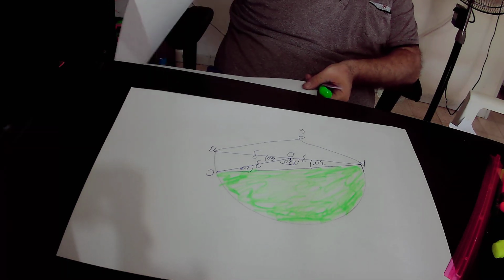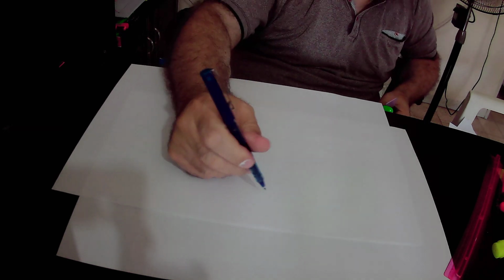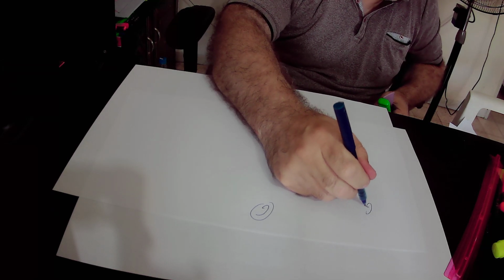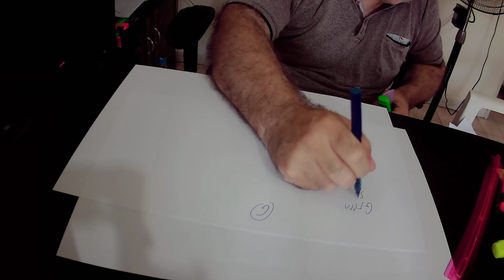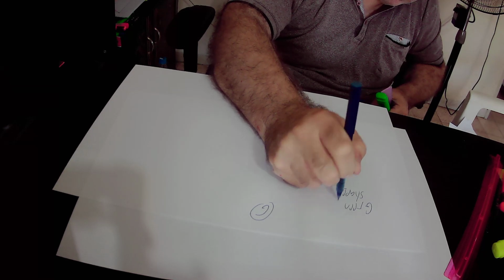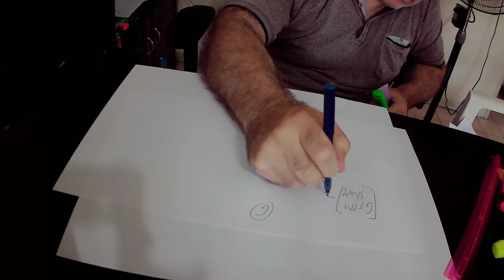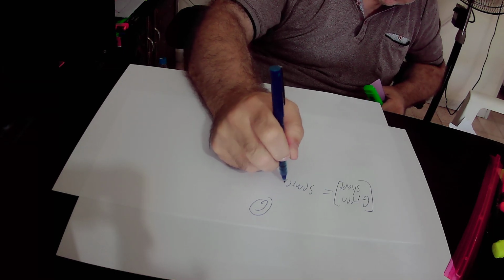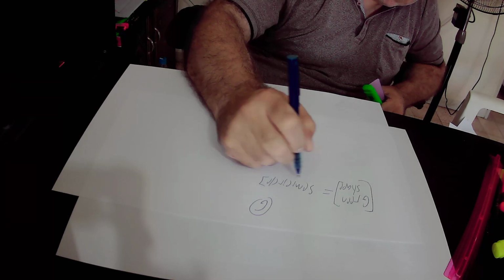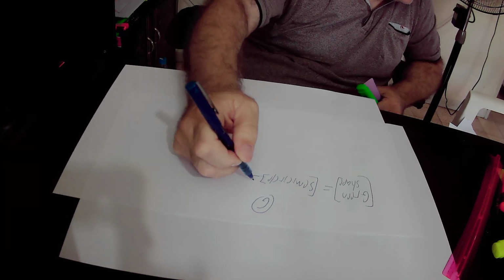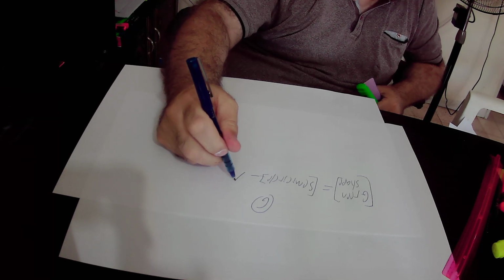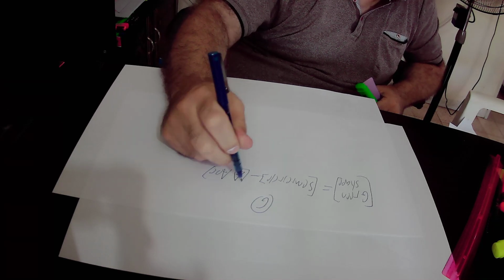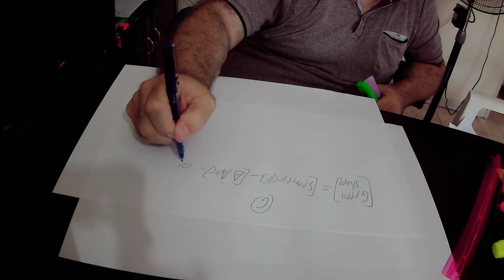And I repeat the formula for the area of our green shape. The area of our green shape, according to the second method, is equal to the area of the semicircle minus the area of triangle AOC minus the area of sector COB.